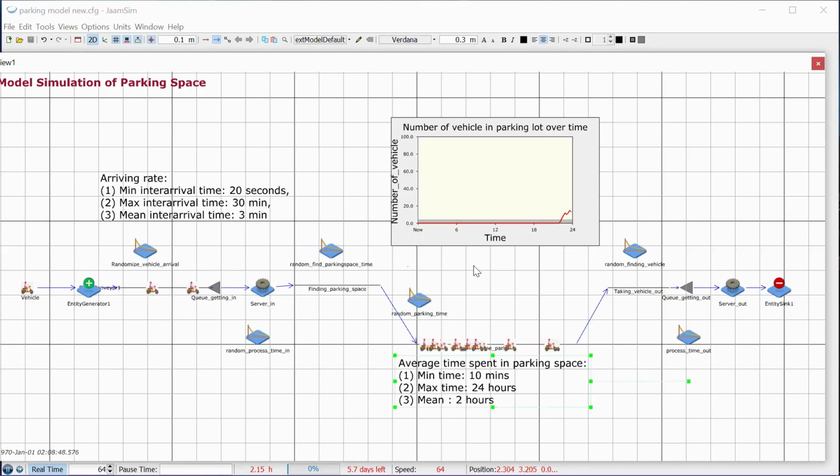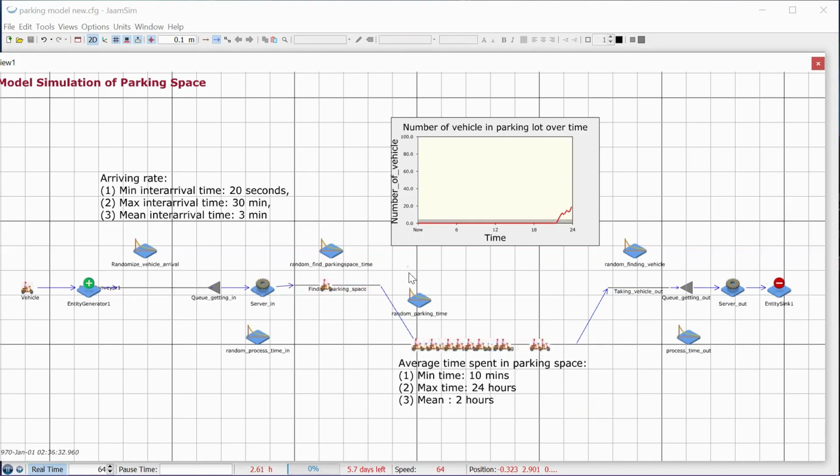The time spent in this parking space has a minimum of 10 minutes, a maximum of 24 hours, and a mean of 2 hours. We limit this to only 4 hours so that we can assume that no one would leave a vehicle in the parking lot overnight. Then there is taking a vehicle out.